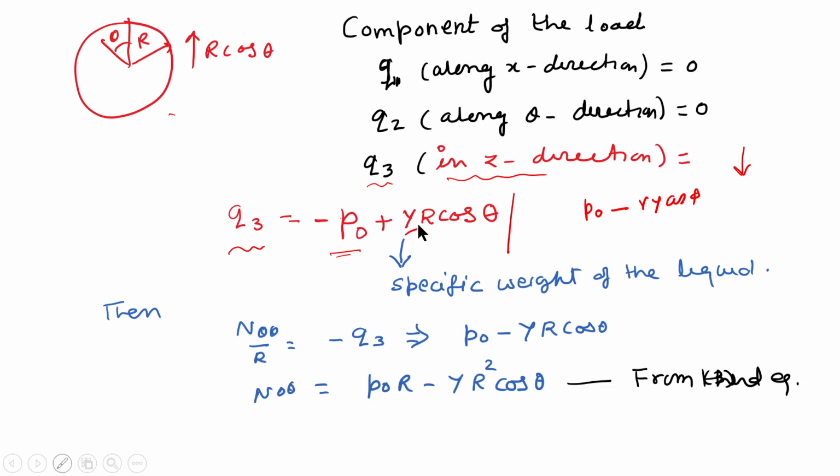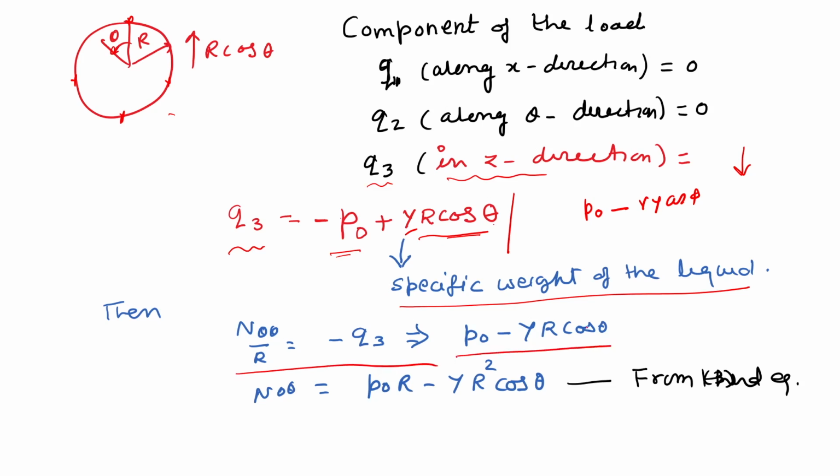Here gamma is known as the specific weight of the liquid, and this is the component: when theta is 0 it will be equal to gamma r, when theta is 90 then it will be 0. So, there will be no pressure at the top of the liquid. If you substitute in the third equation, it becomes minus of that, so ultimately P naught minus gamma r cos theta.